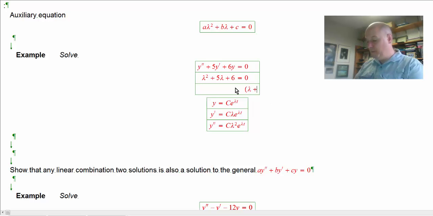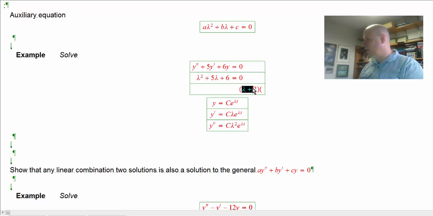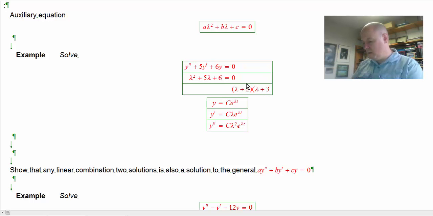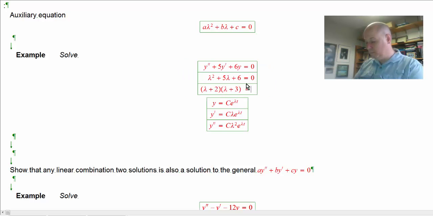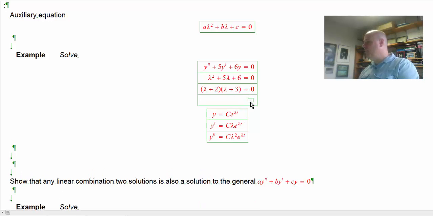I'll get lambda plus 2 times lambda plus 3. So I get 2 answers then. I get either lambda equals minus 2 or lambda equals minus 3. So here's my solutions then.